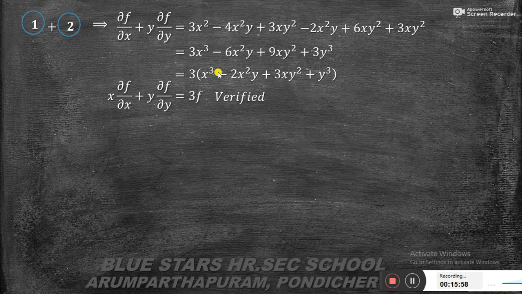This is the given function f(x, y), so this is 3f. Therefore x ∂f/∂x + y ∂f/∂y = 3f. This is our answer; we proved the given result.